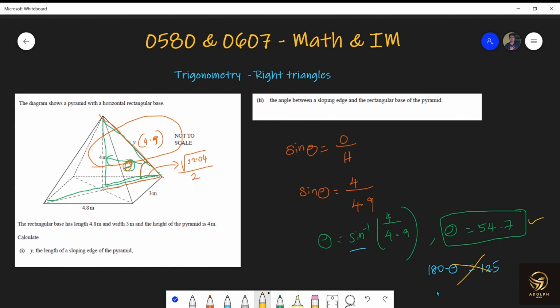Wherever you are dealing with non-right angle triangles, if you apply a trigonometric ratio, the sine, cos or tan function, you will be finding both the values. But here why is the second value not applicable? Because we know clearly it is an acute angle. One angle is a right angle, the other two angles are going to be acute, so only the direct calculator value, the acute angle, is going to satisfy. So it is 54.7. That's it.